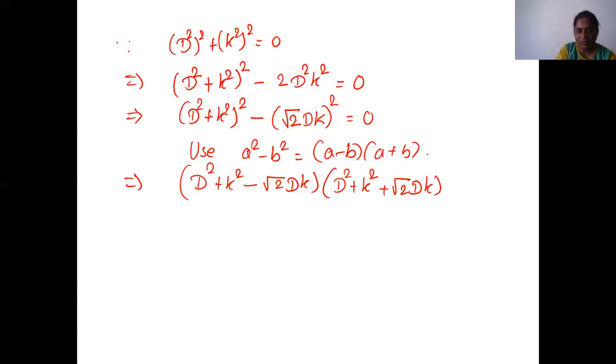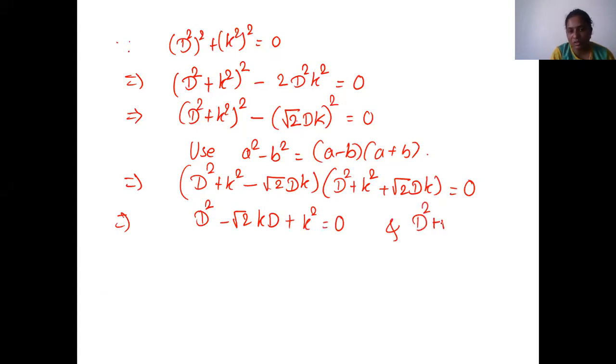A square minus B square, A plus B, A minus B. This is equal to 0. So now you are getting D square minus root 2 KD plus K square equal to 0. And the second equation, D square plus root 2 KD plus K square equal to 0. Okay, these two equations we got now. Can we solve them and how?